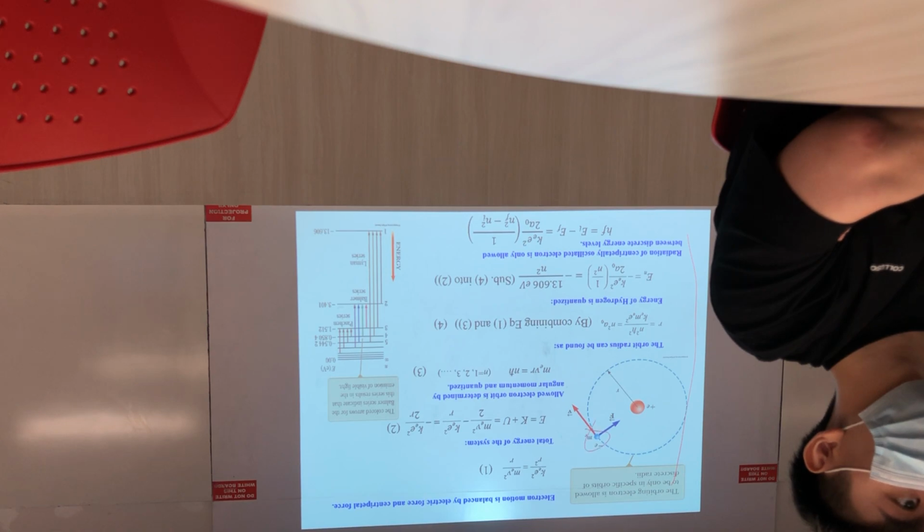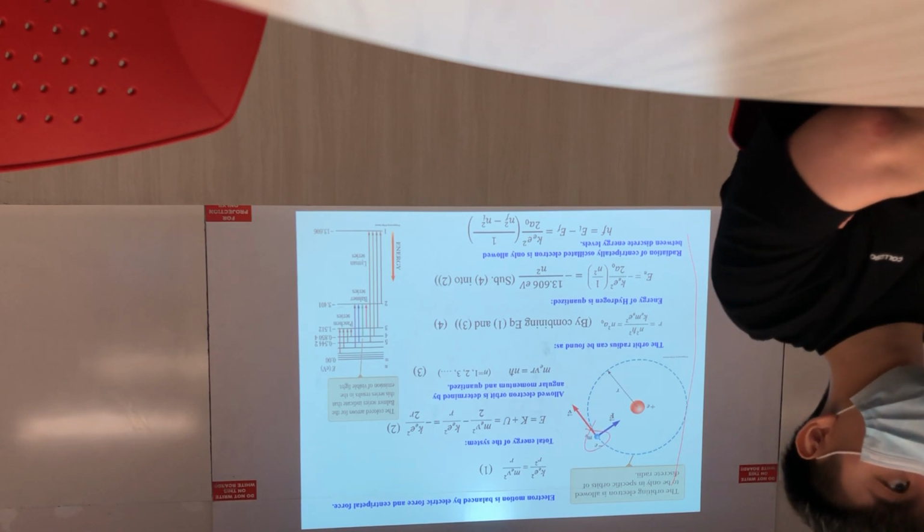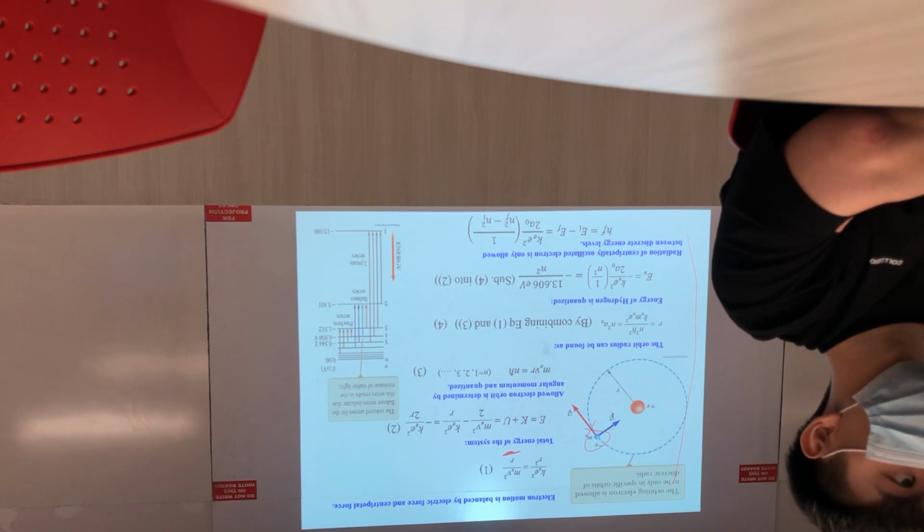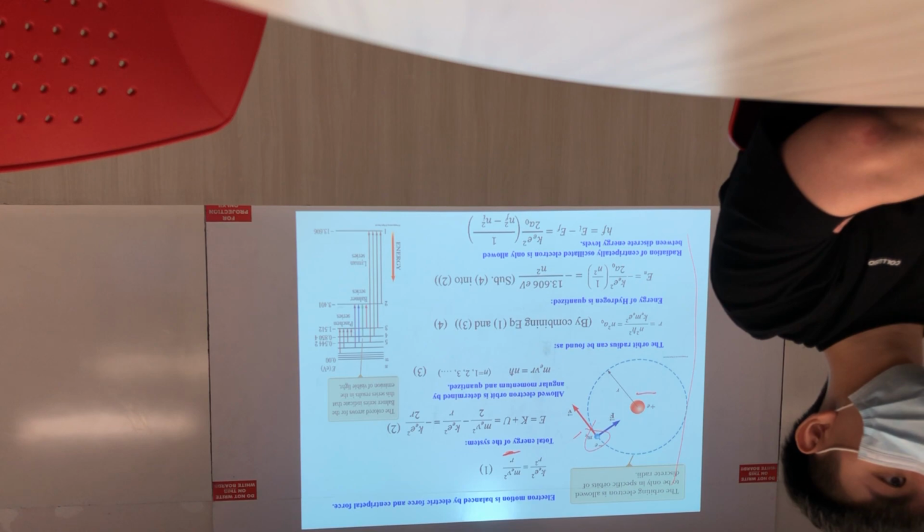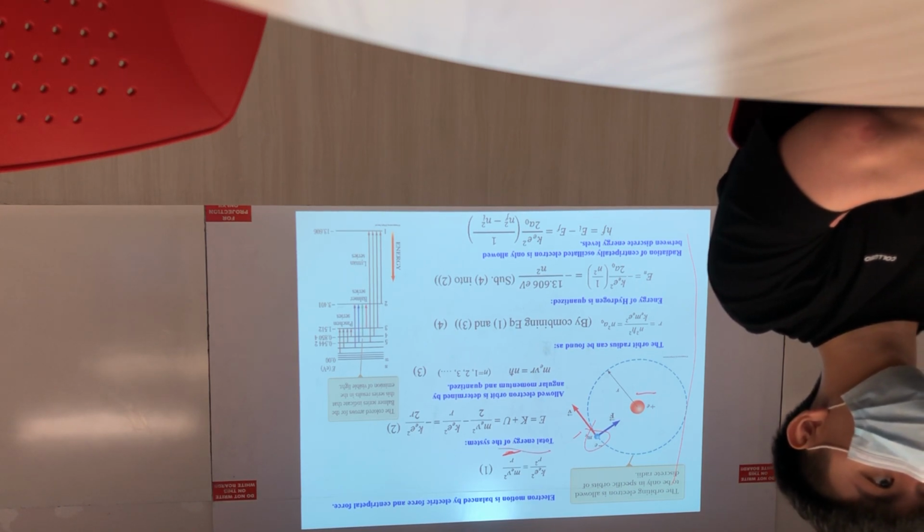The electron is circulating on a circular orbit, therefore there is a centrifugal force. This centrifugal force is actually the electric force between the proton and the electron. They attract each other because they have opposite polarity. So our centrifugal force is actually the electric force. That's the first thing.